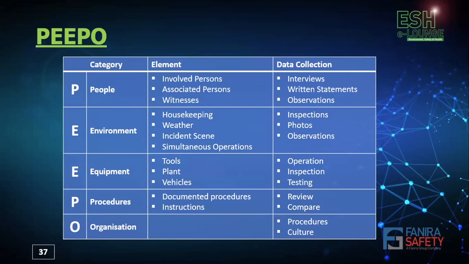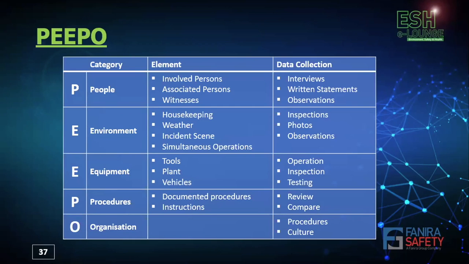And the methods in which we collect the data are the conduction of interviews and written statements. We also look at the environment, the housekeeping conditions, the actual incident scene, what was the weather, were there any simultaneous operations that were taking place? We collect the data through inspections and observations.